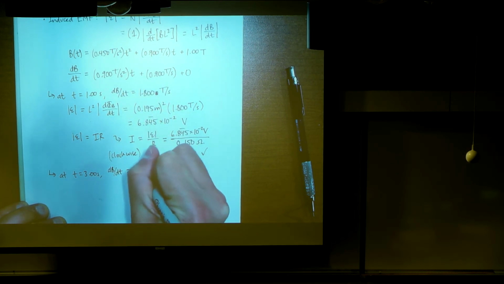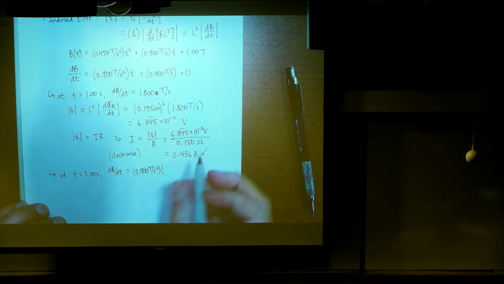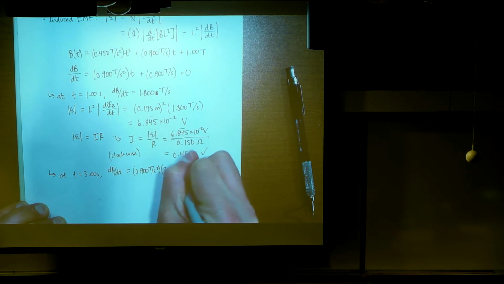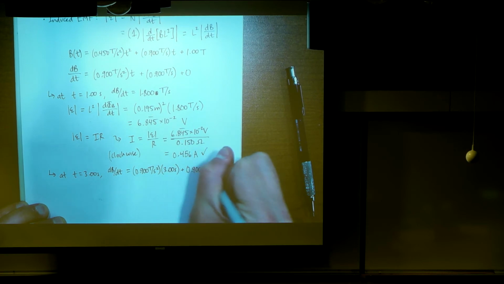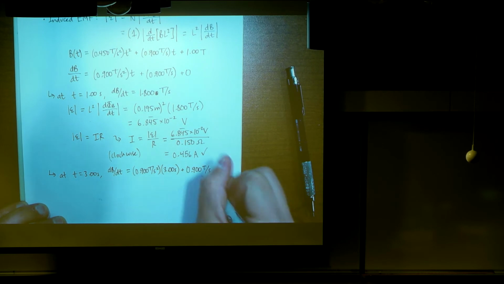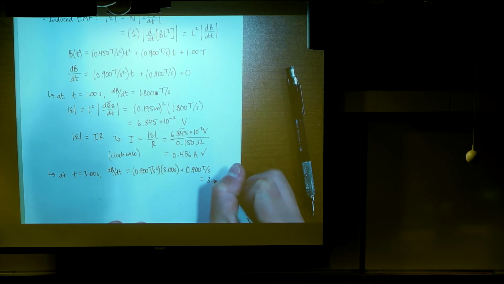So that's 0.9 Tesla per second squared times the time, 3 seconds. And then add to that 0.9 Tesla per second. What does this work out to, everybody? So 0.9 times 3. So it should be 3.6, right? Tesla per second. Okay?